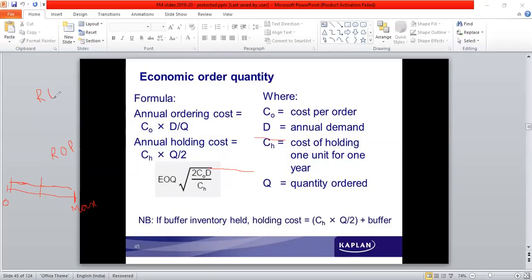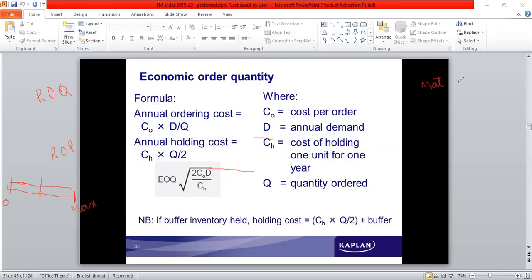The reorder quantity is calculated by considering the various costs which need to be incurred. What are the costs normally in the case of material? The material cost, the requirement of material: how many units are required in a year, per annum, is one cost.